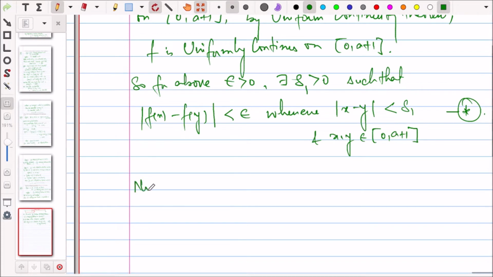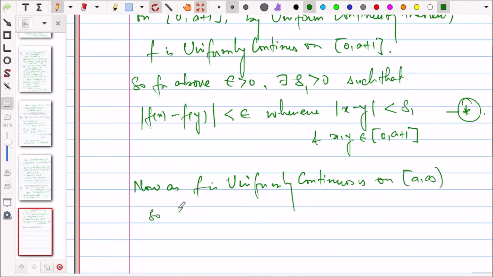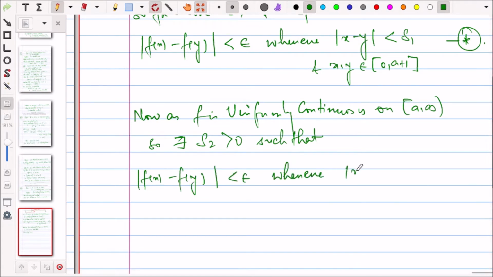Now, as f is uniformly continuous on a to infinity, there exists delta 2 greater than 0 such that |fx minus fy| is less than epsilon whenever |x minus y| is less than delta 2 and x, y belong to a to infinity.